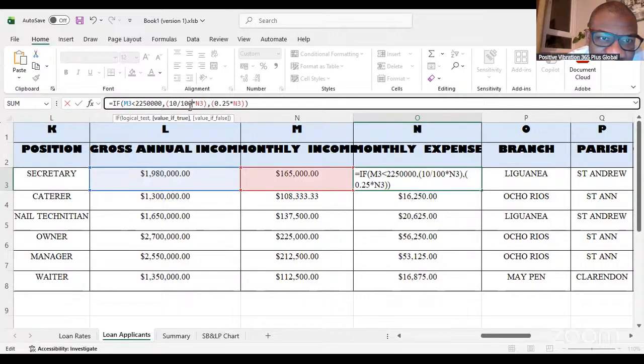So that is divided by 100. Good. And then this now is 25 divided by 100. And then put a bracket right there.